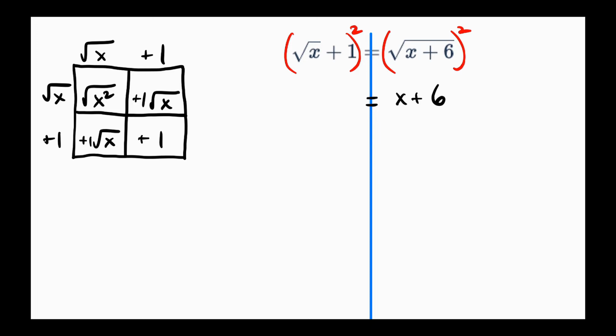These two are like terms because they both have the same root. When I add roots, I just add the numbers in front. I don't change the root. So it's the square root of x squared, and when I add these two, it's 2 square root of x, and then plus 1.